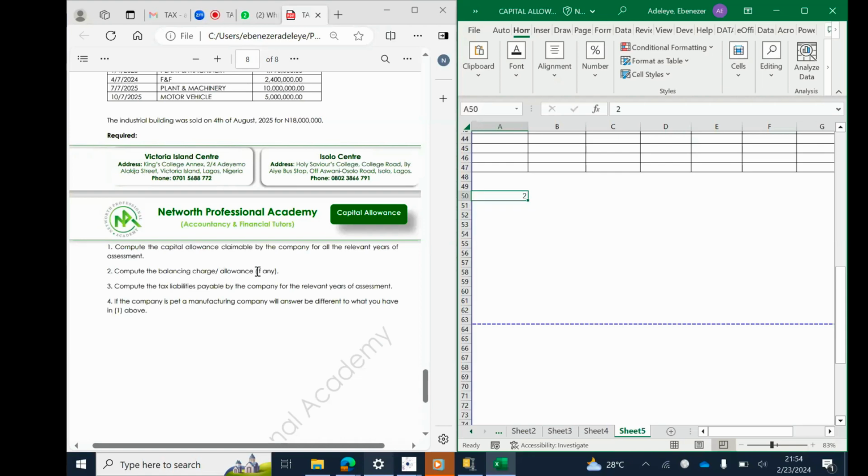So for us to be able to compute the balancing charge or balancing allowance, what we would do is bring our parameters out first.